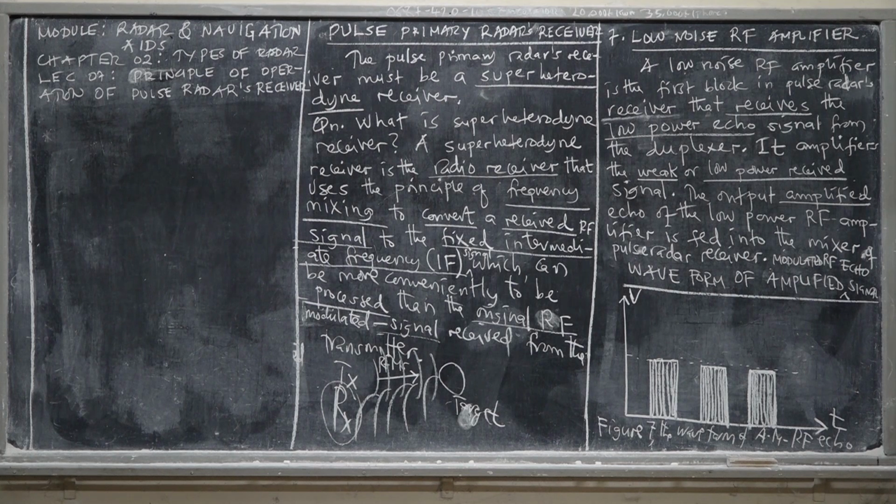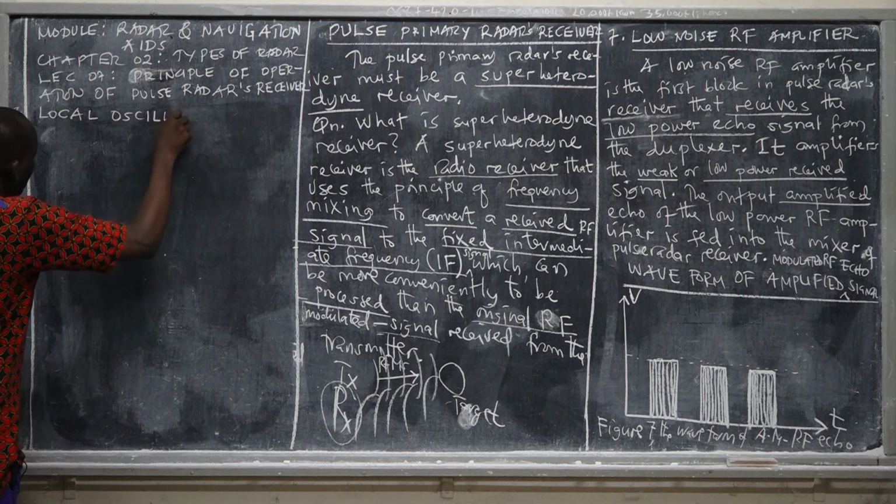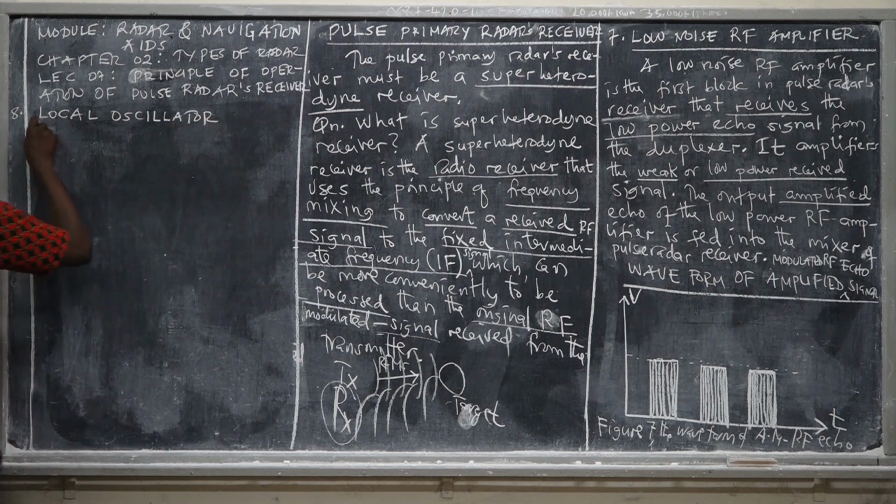Any question about the low noise RF amplifier? No question. The next block is what? Mixer. The next block is the local oscillator. You see, you mentioned those blocks without even thinking, just using your common sense. If the next block is the mixer, what will it mix?